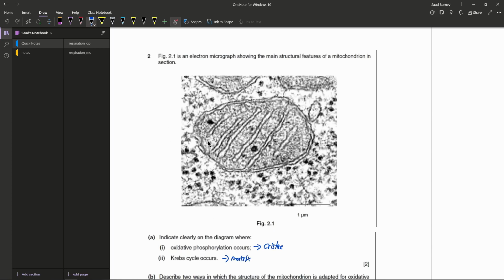So if you look at these two lines, this represents the cristae, and I could just label this part 1, and Krebs cycle, since it's taking place at the matrix, so this is the matrix, and I can label this as part 2.